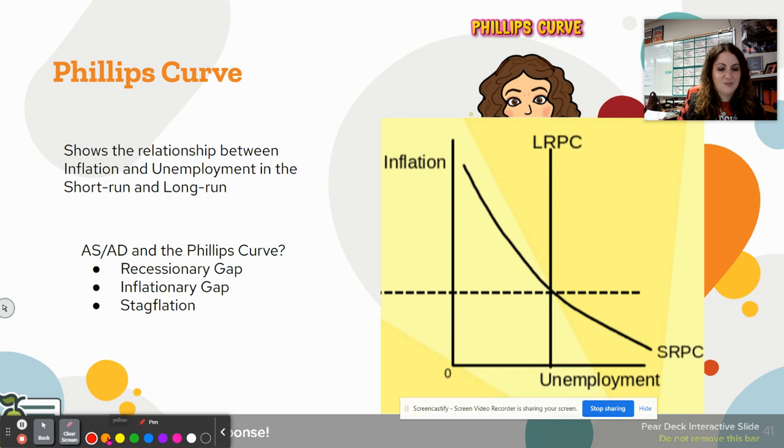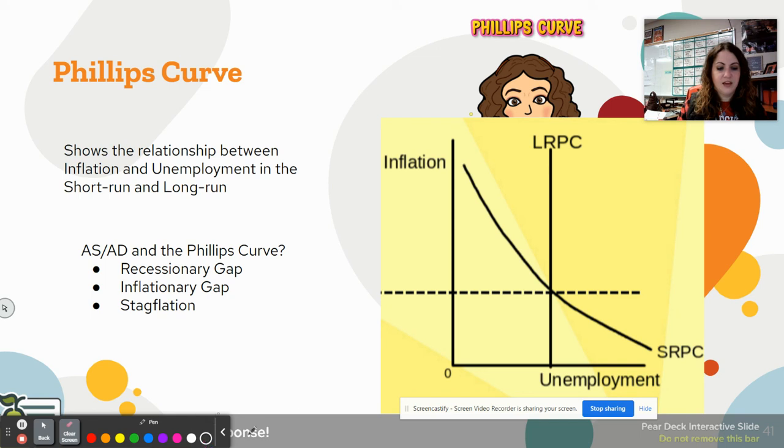Okay, here's point A, equilibrium. Let's do black. Point A is equilibrium. Point B is demand pull inflation. So inflationary gap, B right there. Point C down here, that's a recession. BAC. B, inflation. A, full employment. C, that's a recession.